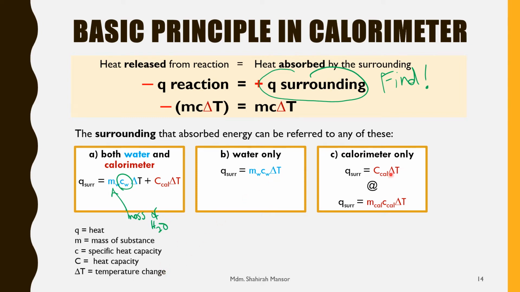And if the calorimeter sahaja sebagai surrounding, so the formula of the heat absorbed ataupun Q surrounding ini adalah capital C times delta T. So, this capital C merujuk kepada heat capacity of calorimeter ataupun m calorimeter times specific heat capacity of calorimeter times delta T. Okay, so m cal ini merujuk kepada mass of calorimeter.